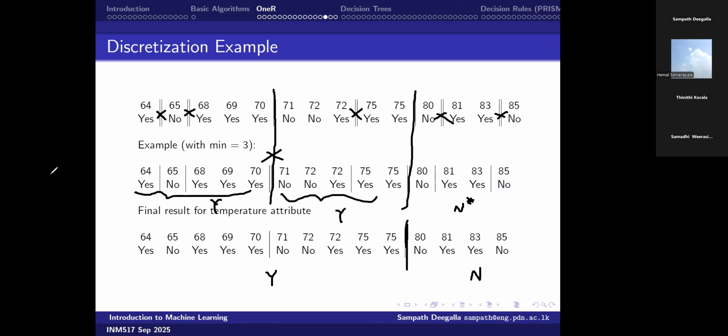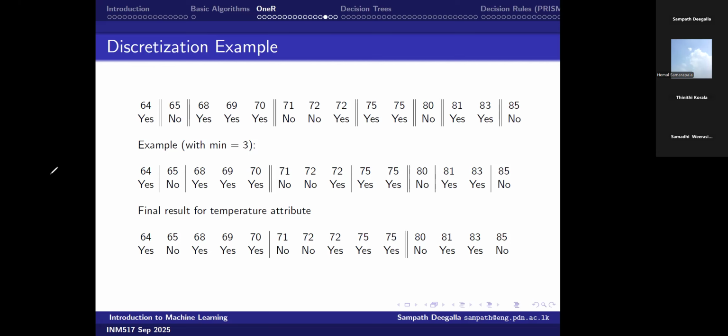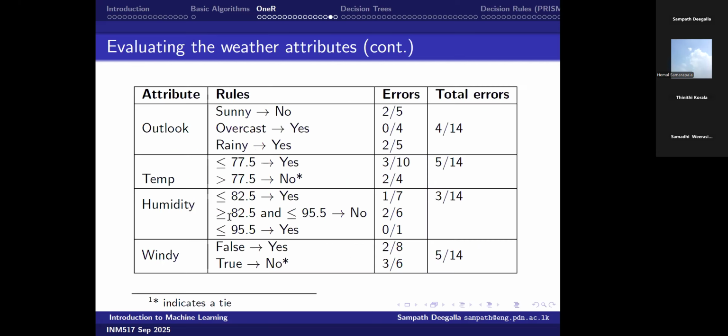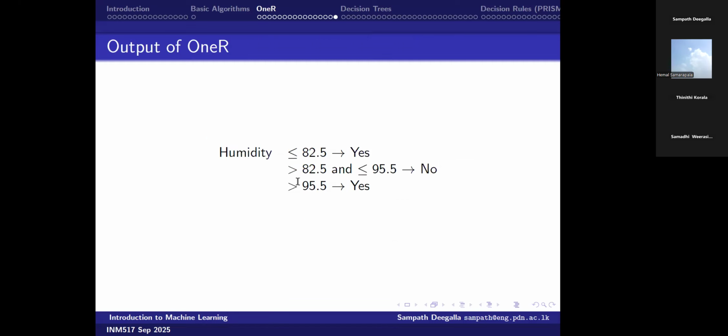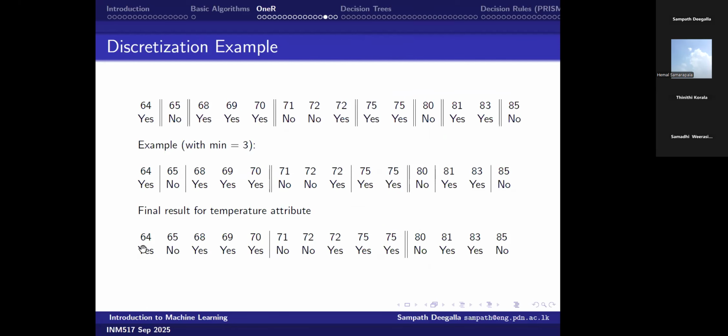Right, now that we have said this, we can now calculate the table. You can notice here, for the temperature value, if it is less than 77.5, it's yes. If it is greater than 77.5, it will be no. When you calculate the number of yeses here, we have 1, 2, 3, 4, 5, 6, 7.